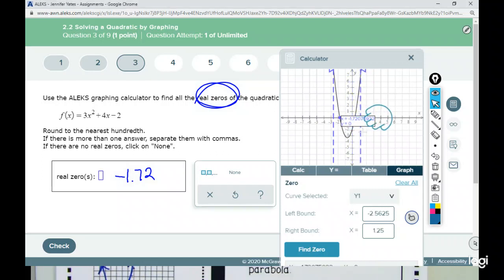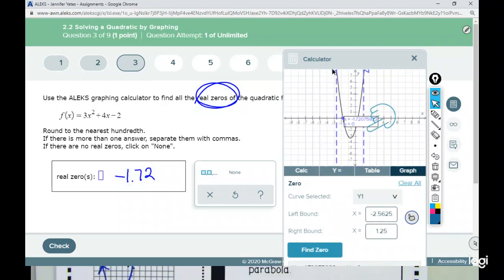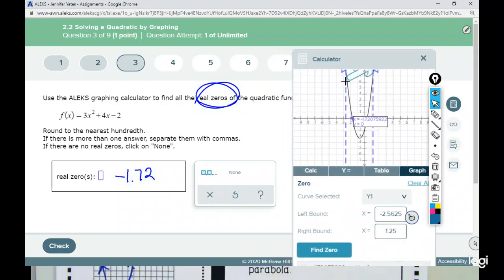I'm going to drag over to this 0 and drag, whoop, come on. There it goes. Now I'm telling it to look in between here and here. Find the 0. My other answer is 0.39.